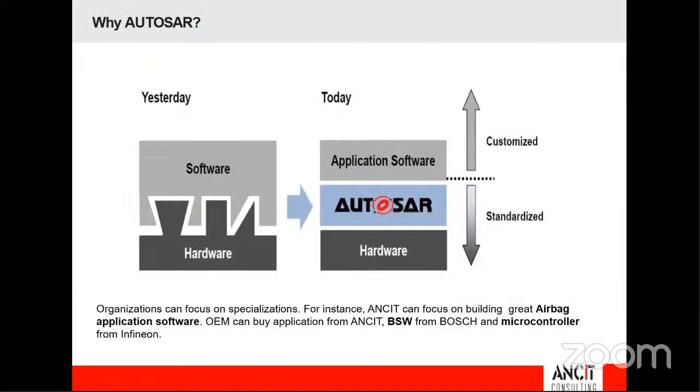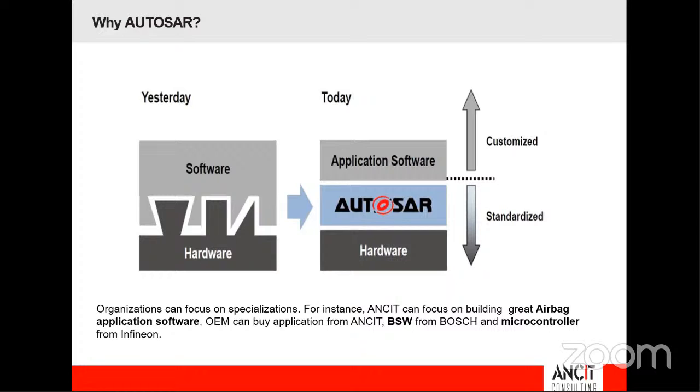Before that, a quick recap of why we use AUTOSAR and what we have done in our previous sessions. We started with the AUTOSAR architecture and found why AUTOSAR is important. The major objective of moving towards AUTOSAR is separating the application software component from the hardware. Once a new hardware comes into place, we could still use the application software component, which has been developed and tested over the years, with few changes.